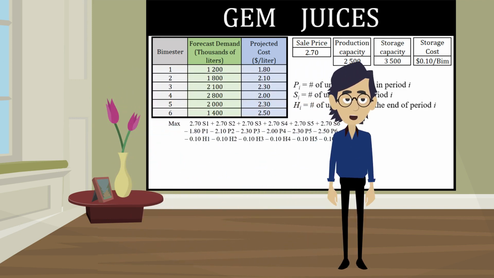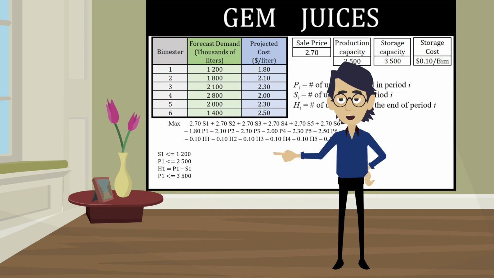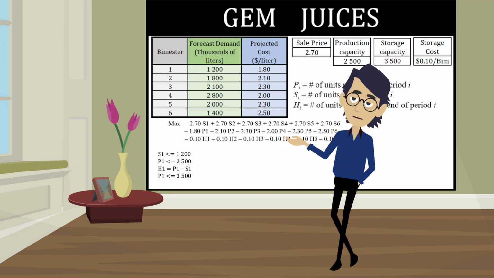Now, let me show you the constraints. In the first bimester, we will have the following constraints. Our first constraint says that, in the first bimester we cannot sell more than 1,200 units. The second constraint tells us that, in the first bimester we cannot produce more than 2,500 units. The third constraint states that the units that will be stored at the end of the bimester, will be the difference between our production and the number of units sold.